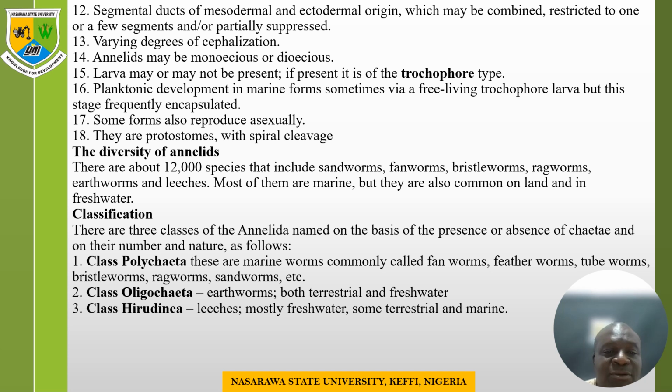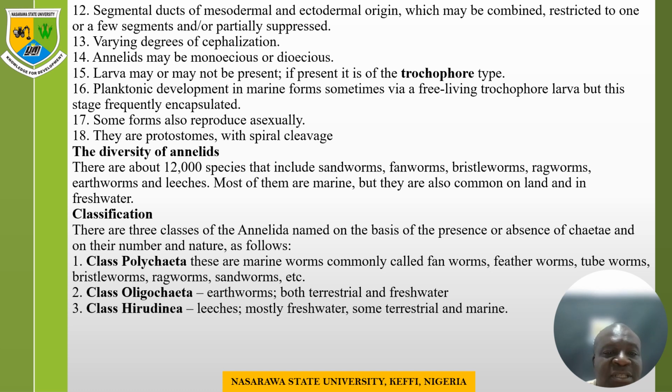The taxonomists responsible for this classification have to look closely at what these organisms possess that warrants putting them together in a particular class, like the fan worms, feather worms, tube worms, bristle worms, ragworms, and sandworms. There are some common features they possess that warrant the taxonomists putting them together in the class Polychaeta.